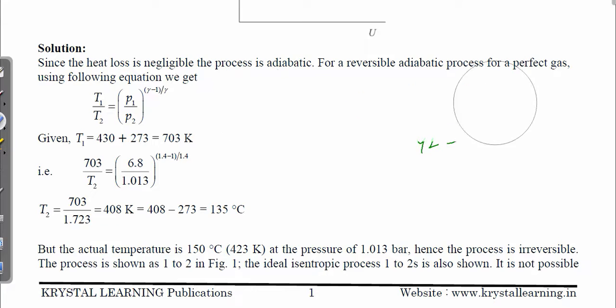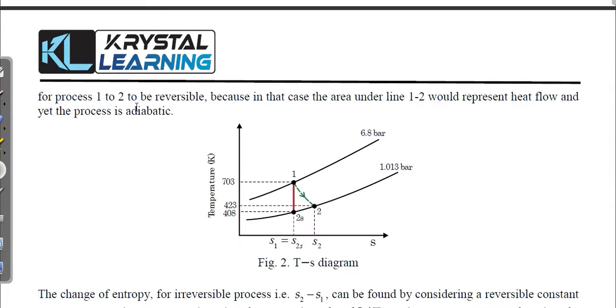Let's see these conditions on the diagram. In the temperature entropy diagram, the constant pressure lines move like this and the pressure is increasing in this direction. So 6.8 bar will be on the higher side than 1.013 bar, and at the start it is at 6.8 bar.